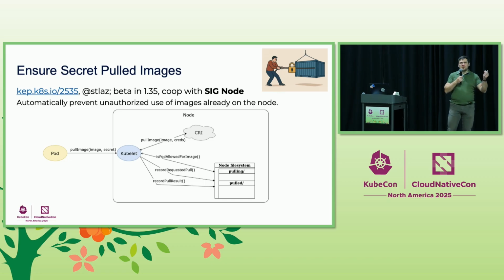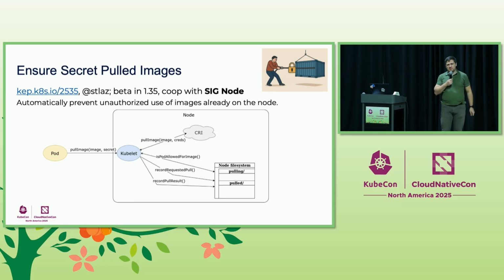And so what does this do? I'm not sure if you all know, but whenever you pull an image by running a pod on a node, actually everybody who is able to schedule their pods on this node is able to access this one image. And this may seem okay for public images, but what if the image that you are running is actually a private image from your private registry with something very super secret?